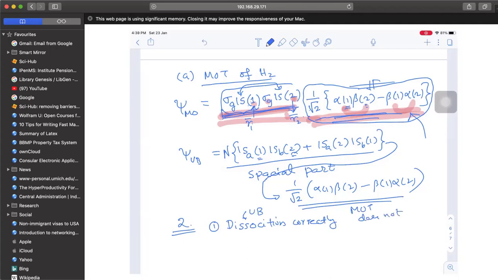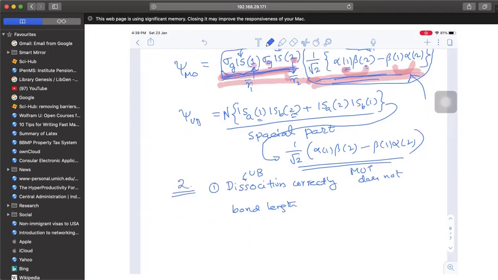The valence bond theory bond length is better, if I remember correctly. And then bond energy is definitely better. Bond length you will have to check, I don't remember now, but maybe simple MO theory gives a better bond length. Bond energy definitely, valence bond theory gives a better value. So these are the three advantages. With the bond length you can please check, it is there in the notes.